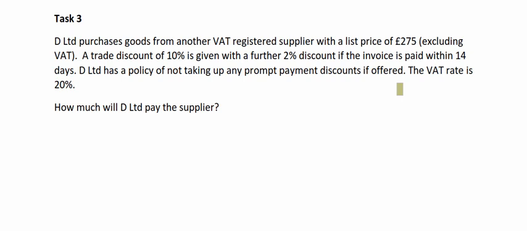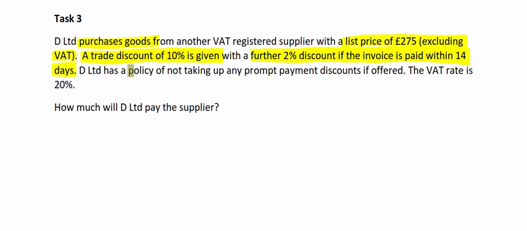Well, task number 3 then. Delimited purchases goods from another VAT registered supplier with a list price of £275, which excludes VAT, so that's the net list price, but maybe we don't pay the list price. A trade discount of 10% is given, with a further 2% discount if the invoice is paid within 14 days.